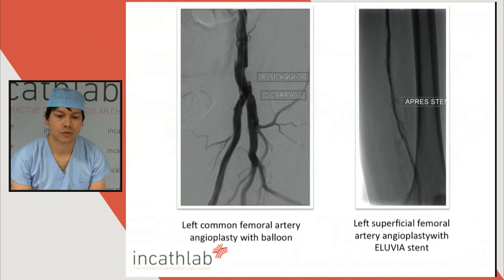First, we have already treated the left side with an angioplasty with balloon on the left common femoral artery and an angioplasty with Eluvia stent on the left superficial femoral artery.